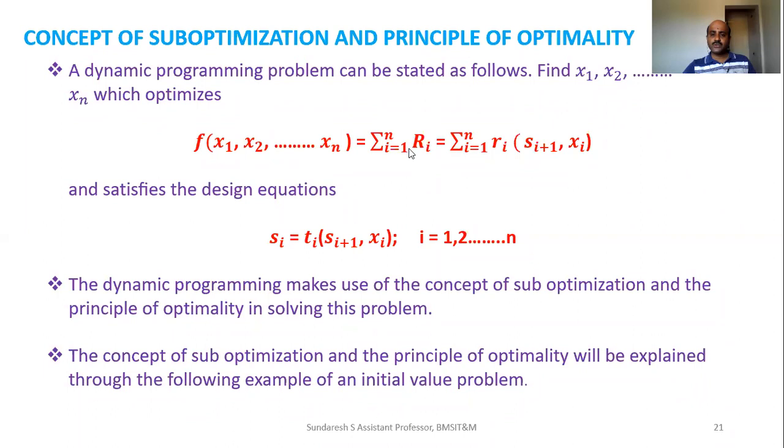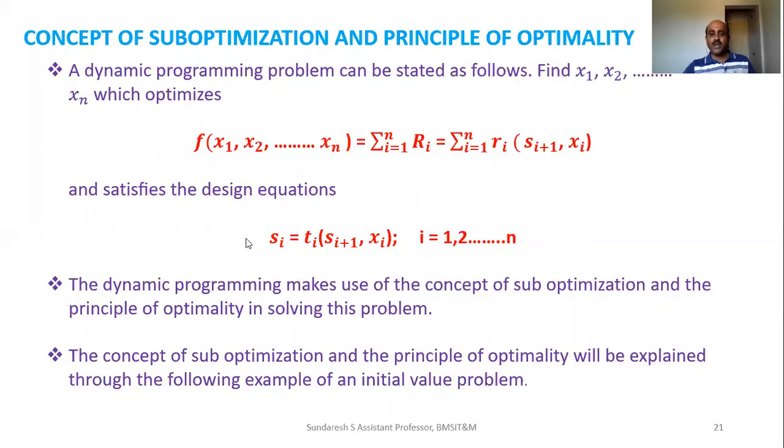Whereas R corresponds to the return function, which satisfies the design equation, that is, the input variable is a function of this. This also we have discussed in the previous slide. So this is what the dynamic programming problem statement is.